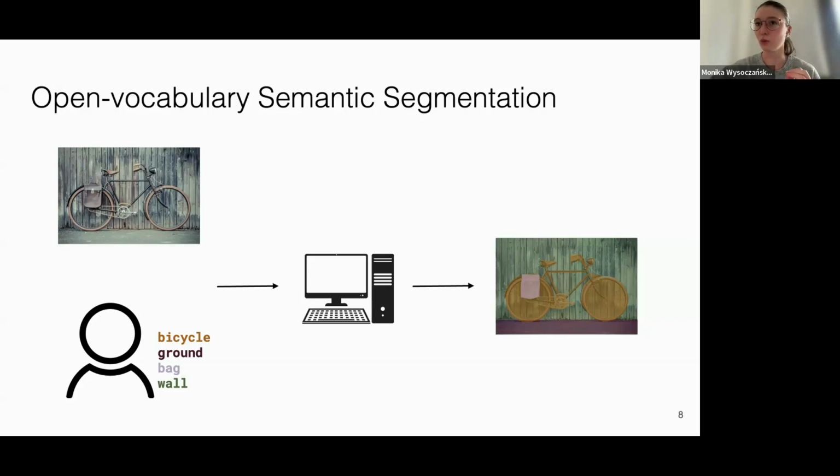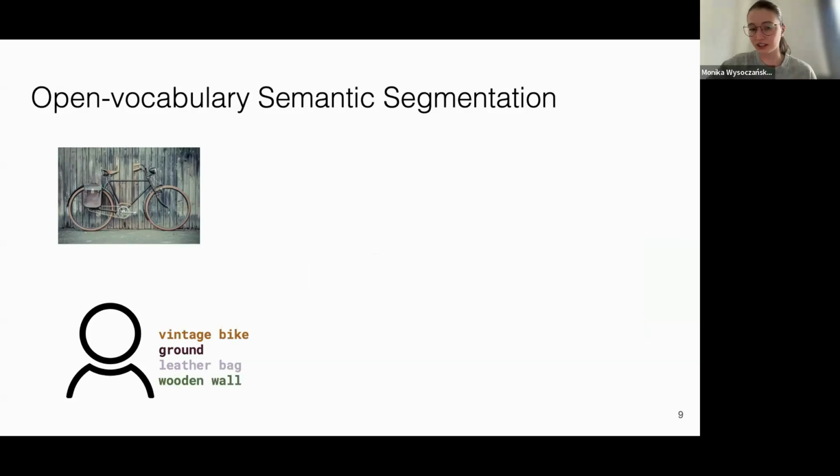But imagine now that we're giving some flexibility for prompting, in this case, let's say, to a user. It gives us certain flexibility, but also poses some challenges. So for instance, instead of bicycle, the user could provide a vintage bike, which in this case would also make sense. Also, instead of wall, we could specify what kind of wall it is.